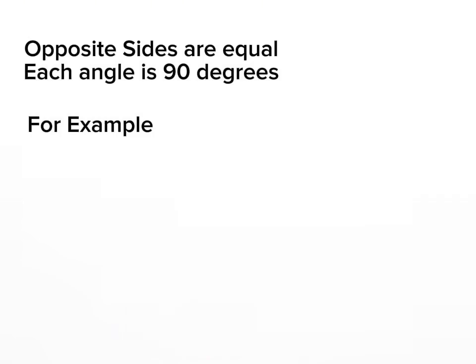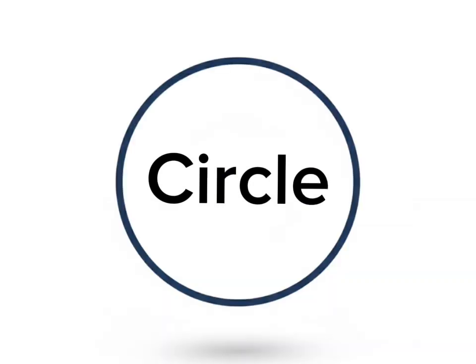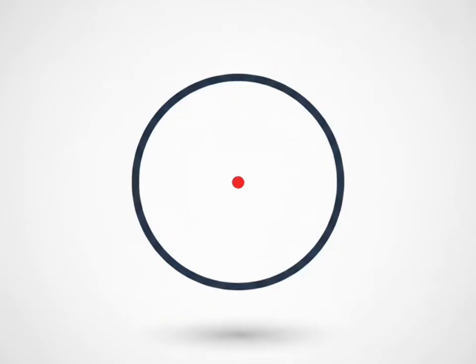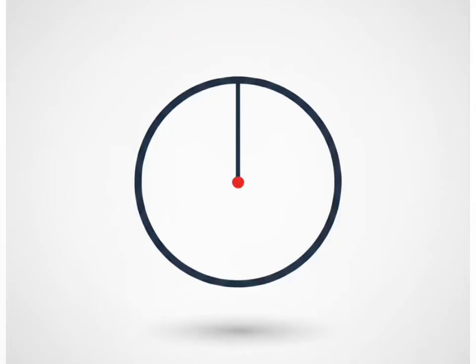Now let's discuss circle. What's a circle? It has no angles and it has no sides. It is a path and it has a center. So what's the center of a circle? The center of a circle is the middle of this shape and has equal distance to each point.